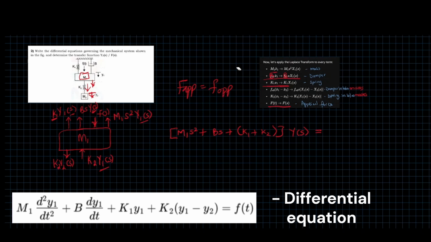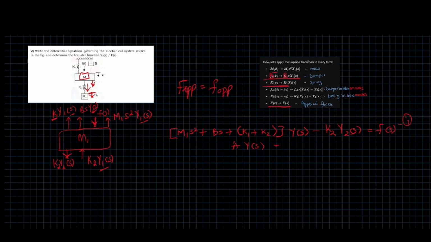As simple as that. So F(S) plus, what else is the opposing force? K2 Y2(S). So this is our first equation. Now just to simplify this, I'm going to make this A, and I'm going to make K2 specifically B. You'll understand why I did that soon.